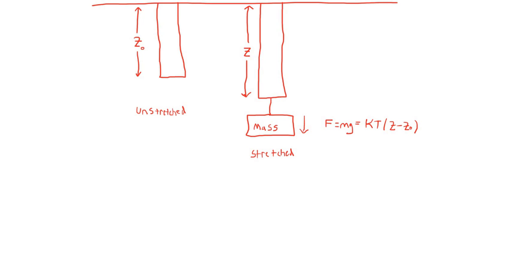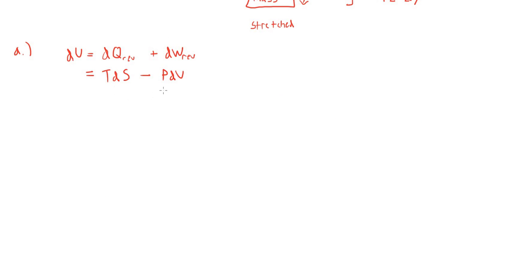So in part A of this problem, it's asking us to find expressions for dU and dA. The first thing we're going to do is write the first law of thermodynamics for a reversible process. This equation is given by equation 5.6 in the text. And it's important to notice that the dq term right here correlates to the TdS, and this plus dW reverse is equal to negative PdV right here.